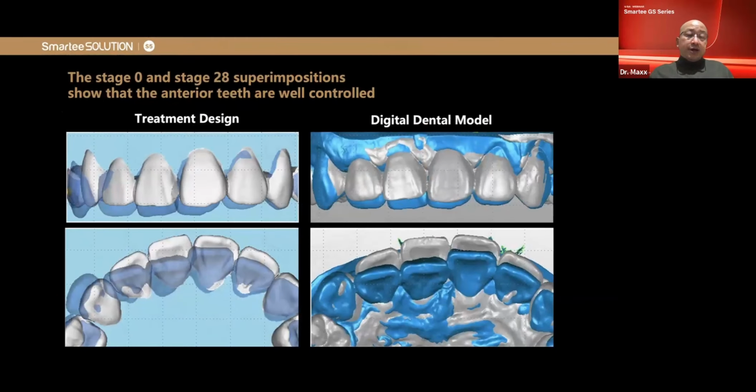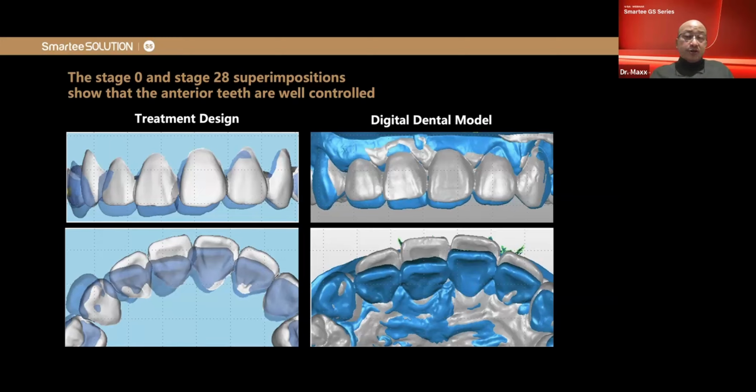And this is the animation and the real step. Okay, the left is the treatment plan, the treatment design. The green is step 28, and the blue is the initial time. And on the right, the blue is the initial time, and the green is the real stage 28.